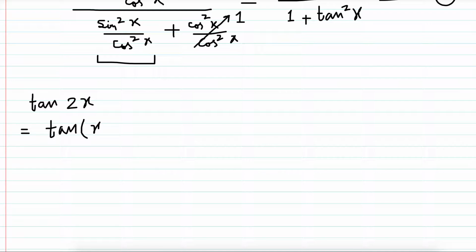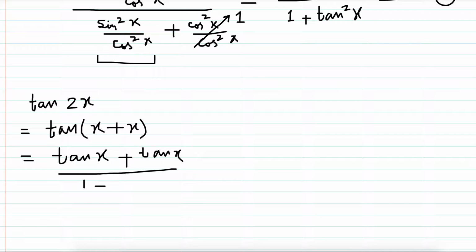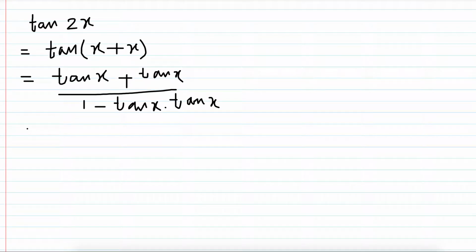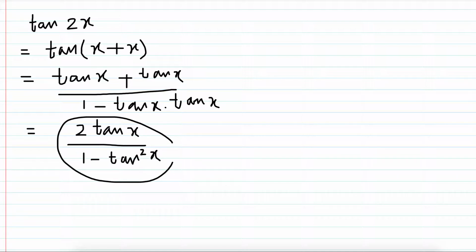So we can write tan 2x as tan of x plus x, and then write tan x plus tan x divided by 1 minus tan x tan x. So the numerator becomes 2 tan x and the denominator becomes 1 minus tan square x. So this is our formula for tan 2x.